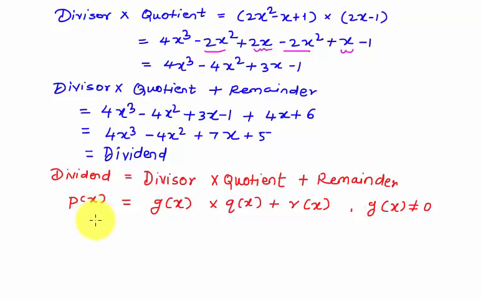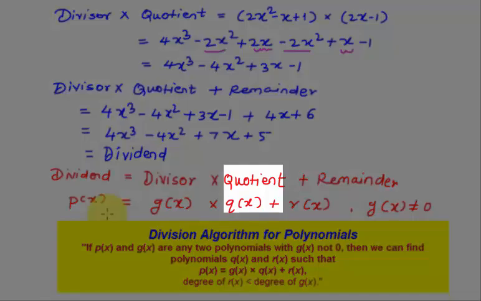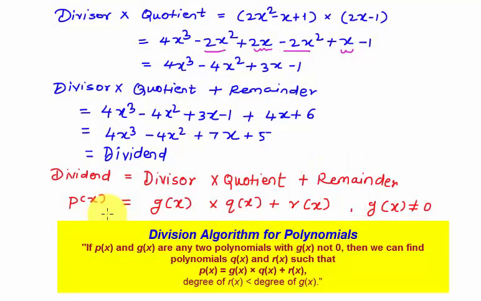So this equation can be stated as: if p(x) and g(x), that means dividend and divisor, are any two polynomials with g(x), that means the divisor, not equal to 0, then we can find two polynomials q(x) and r(x), that means quotient and remainder polynomials, such that p(x) is equal to g(x) into q(x) plus r(x), where the degree of r(x), that means the remainder term, is less than the degree of the divisor. And this is called the division algorithm for polynomials.